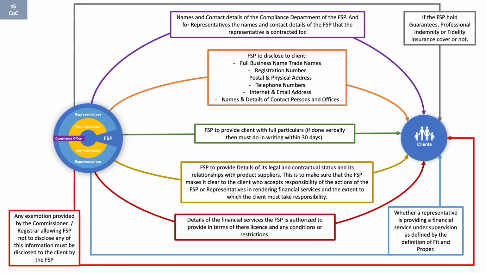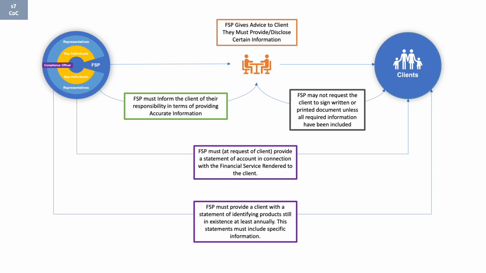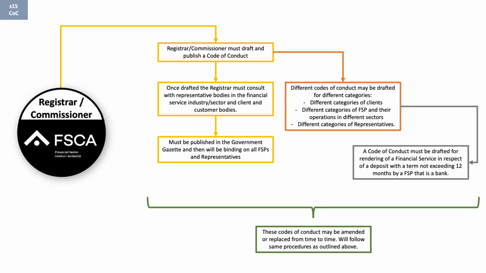We then discussed the information about the FSP that needs to be disclosed to the clients. We then discussed the disclosure that is to be provided to a client when providing a financial service to the client. Lastly, we discussed the authority's requirements, also known as the registrar or commissioner, with regards to the process of drafting and publishing a code of conduct.